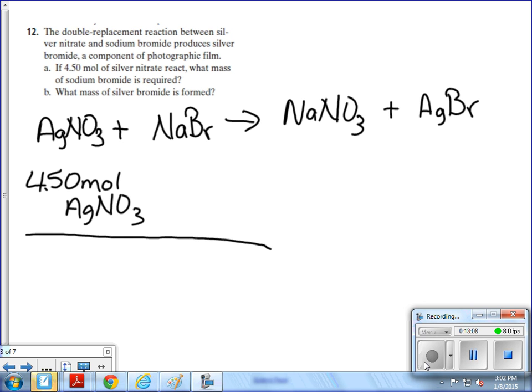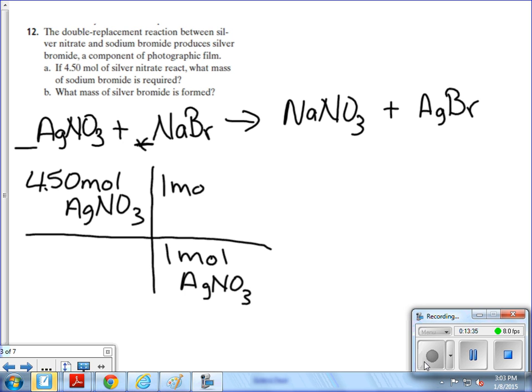So if I have 4.5 moles of silver nitrate, in my balanced reaction, for every 1 mole of silver nitrate, I have 1 mole of silver bromide. Whoops, nope. Question A says sodium bromide. That was right, sodium bromide. So 1 mole of AgNO3, 1 mole of NaBr, and the question asks for mass instead of moles, so we still need to do another box.